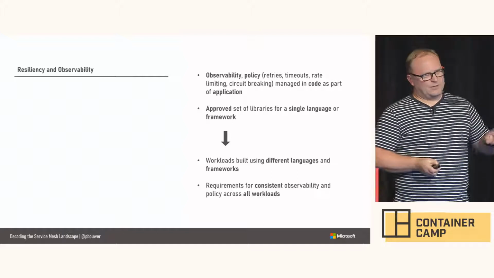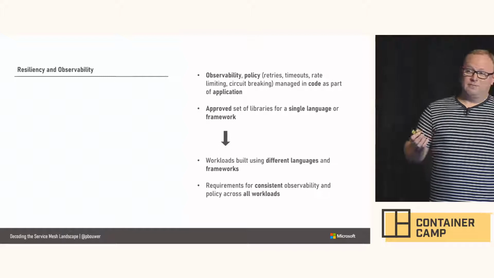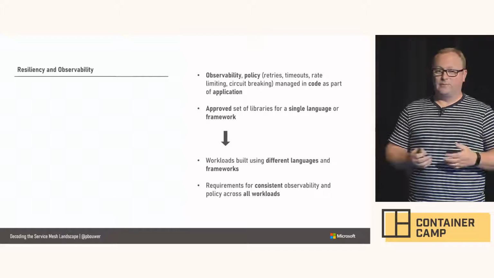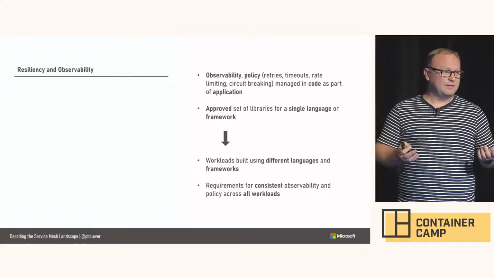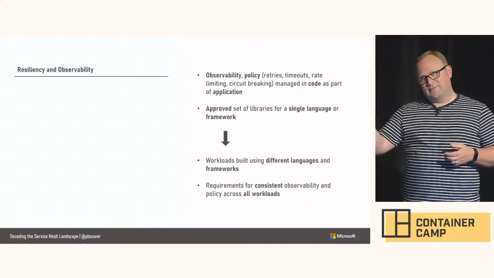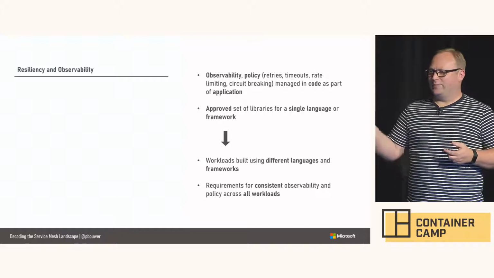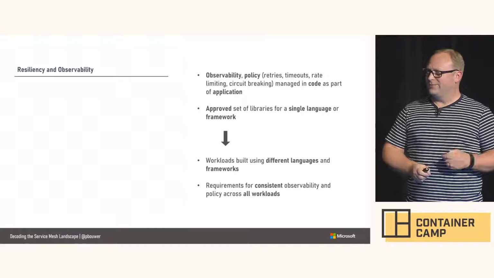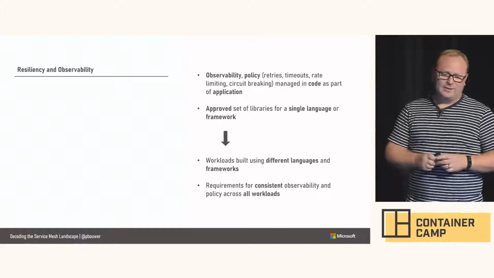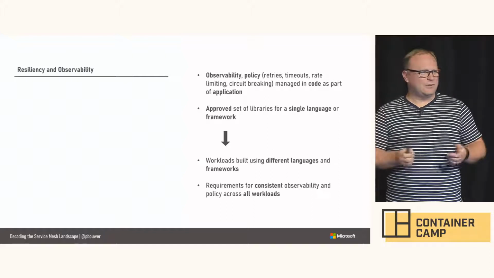Now, in the past, typically you would have maybe one language that your entire company was writing applications in, and someone had approved a set of libraries that you could use to do this resiliency or backoff, and everything was good.